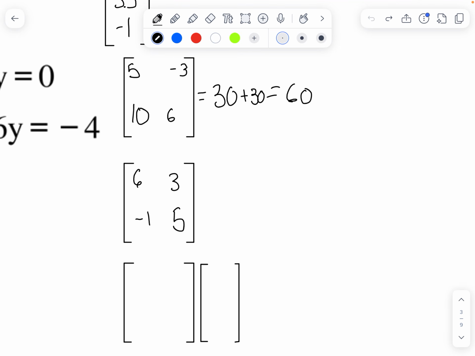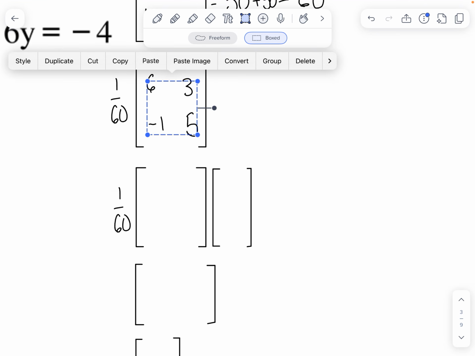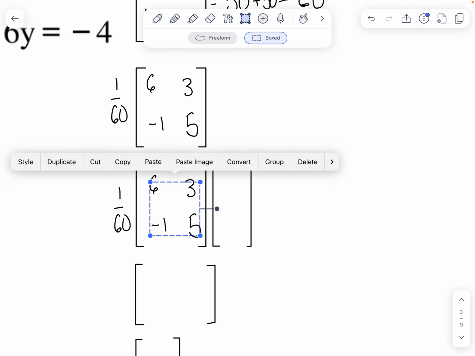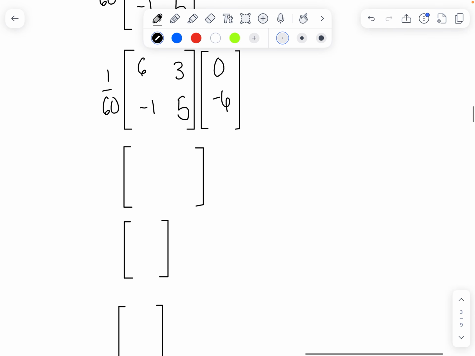Oh, we don't need to do this step. They're actually just represented. This is 1 over 60. So that's the inverse. And now let's bring the numbers down over here. This is multiplied by 0 and -4. And this is 0 minus 12, and 0 minus 20.